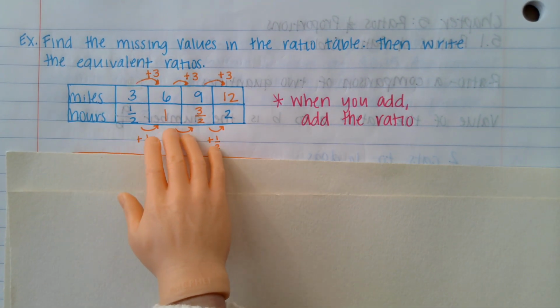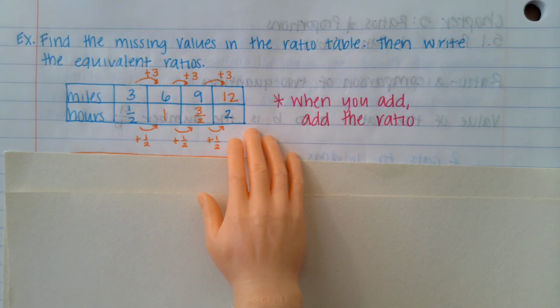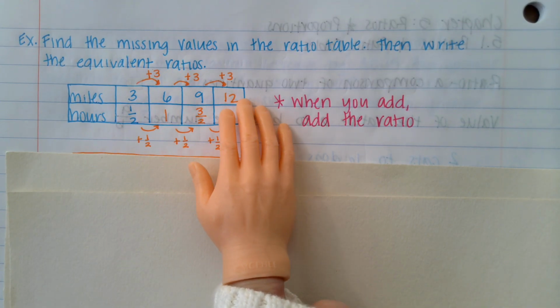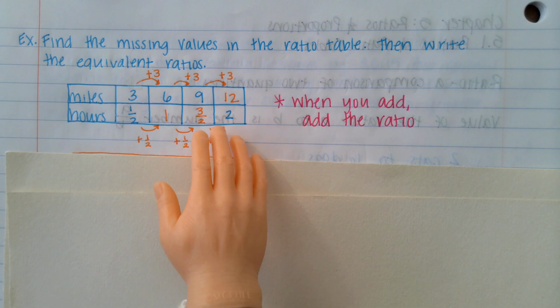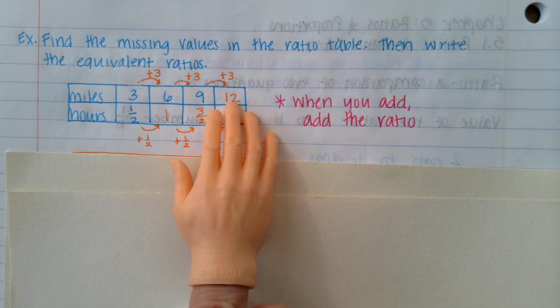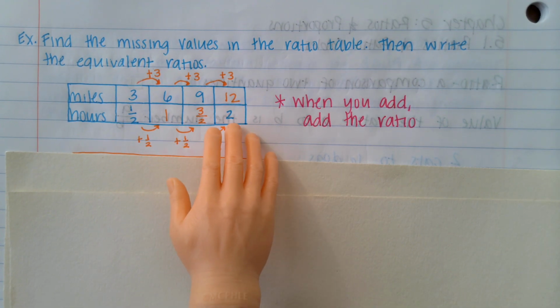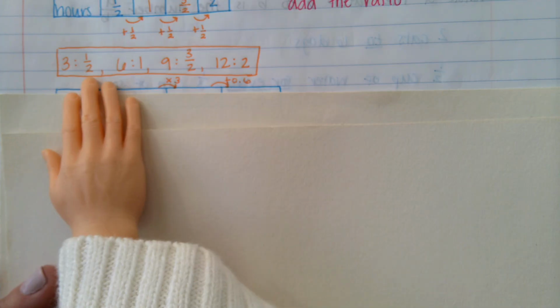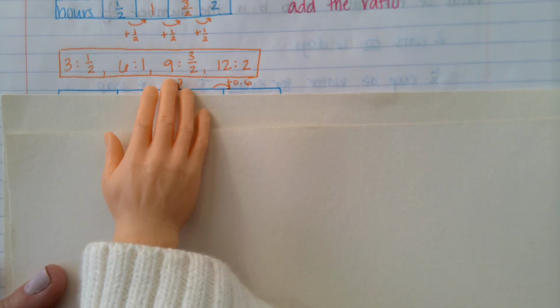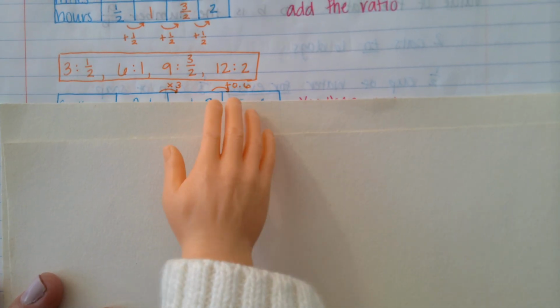So adding 1/2 on the bottom each time, and adding 3 on the top each time, that makes these equivalent ratios. And we would be finding these orange ones when we are given the blue ones. Next, we would write out our ratios: 3 to 1/2, 6 to 1, 9 to 2/3, and 12 to 2.